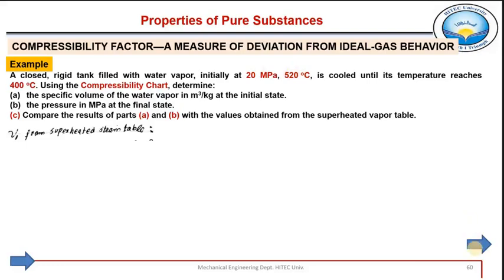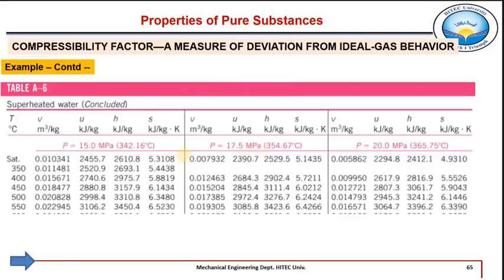In that superheated steam table we need to locate these 2 points, 20 megapascal and 520 degrees Celsius. Here is the 20 megapascal, and these are for different temperatures. The value is not given at 520. Values are available for 500 and 550.